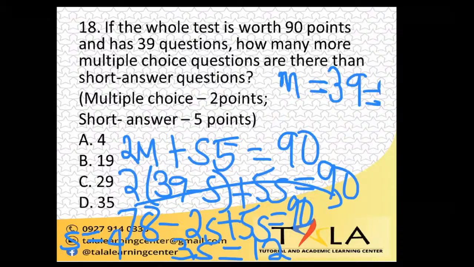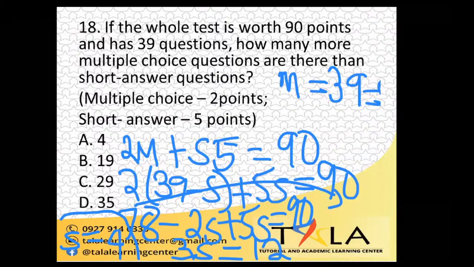4. That's for the short answer. Eh, ano bang hinahanap natin? How many more multiple choice than short answer? So, kung ang short answer ay 4, ilan naman yung multiple choice?